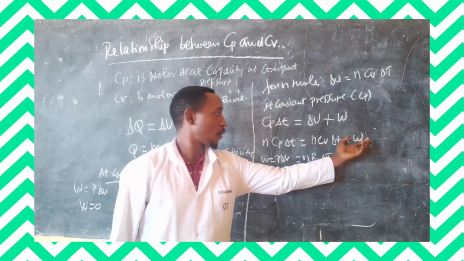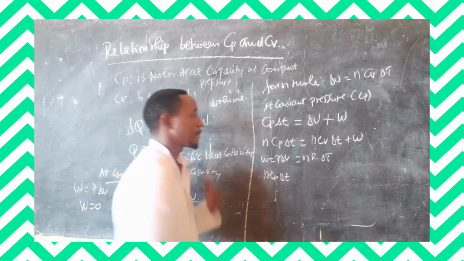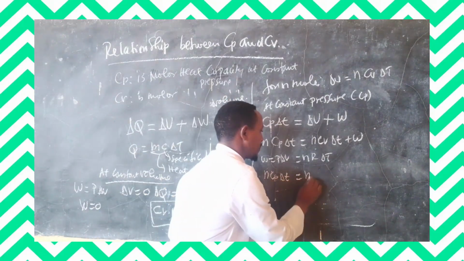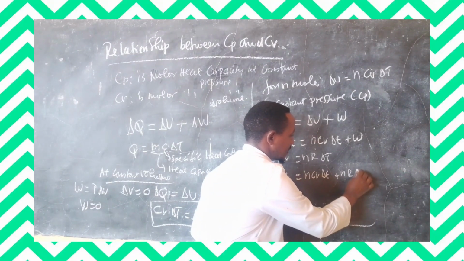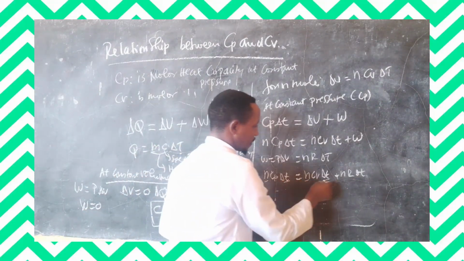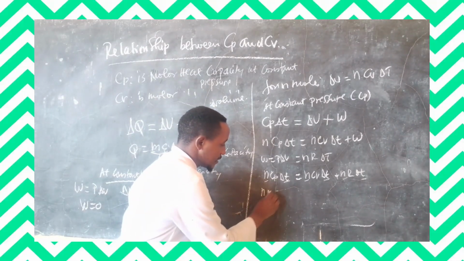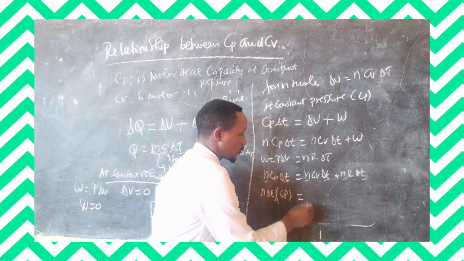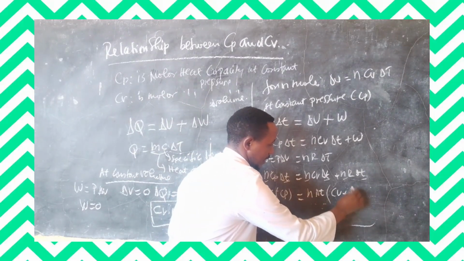You place this in our equation. Then you see mCp dT is equal to mCv dT plus nR dT. Here there is dT, n, dT, n, dT. When you factorize n dT, the remaining is Cp is equal to n dT times (Cv plus R).